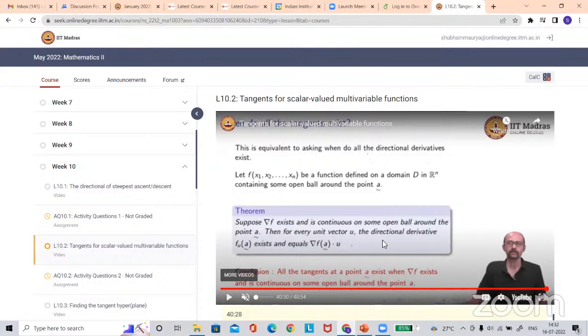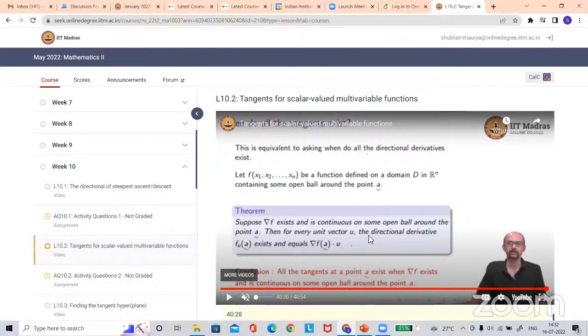It is finding the directional derivative. It also tells you that your function is going to be continuous. Not only continuous, your function is going to be differentiable also. It is more than this: not only the directional derivative, it is telling more, the continuity and differentiability of the function also.